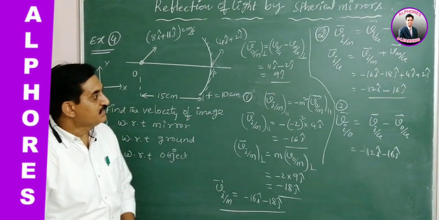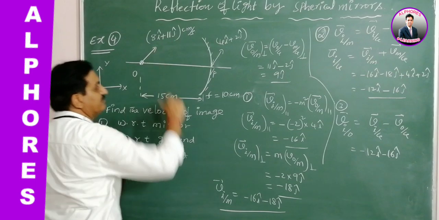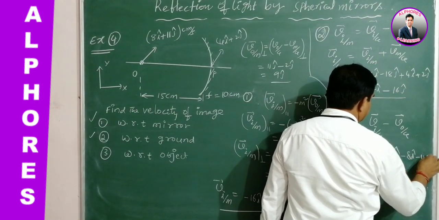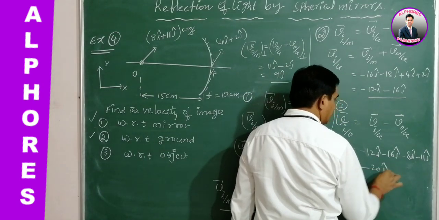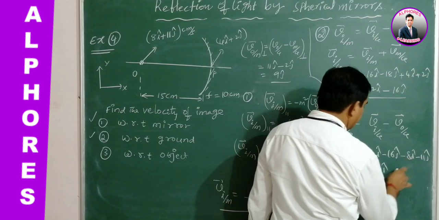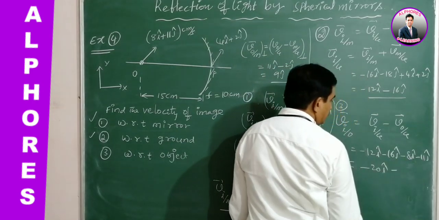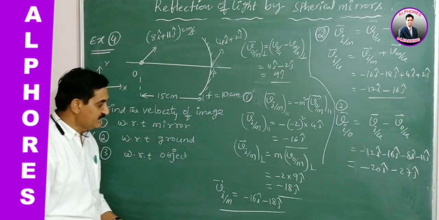Object with ground is 8i plus 11j, so minus 8i minus 11j. Then simplify this: minus 20i, minus 27j.